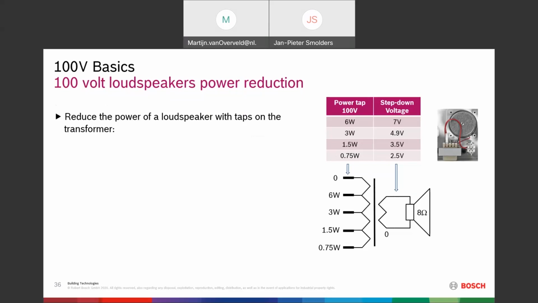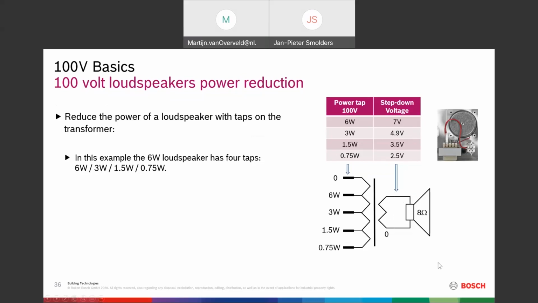Like you see here on the right, we have 4 taps: 6 watt, 3 watt, 1.5 watt, and 0.75 watt. So each step down, you reduce the power by 50%. What it eventually does on the secondary side of the transformer, the step-down voltage will just decrease, right?